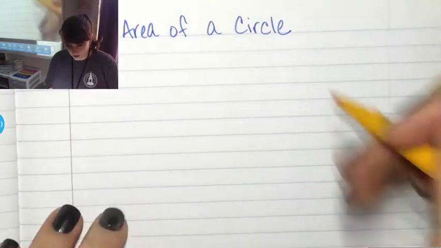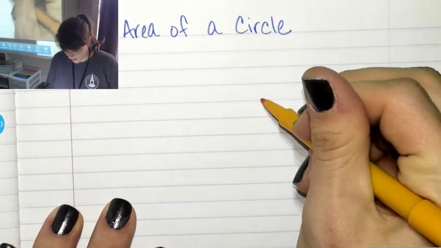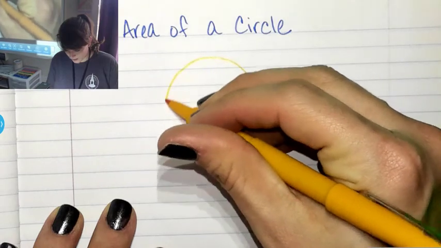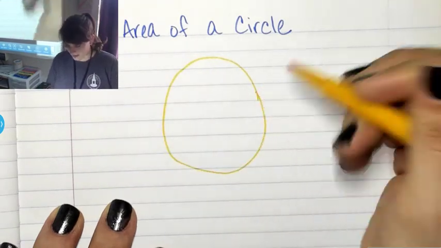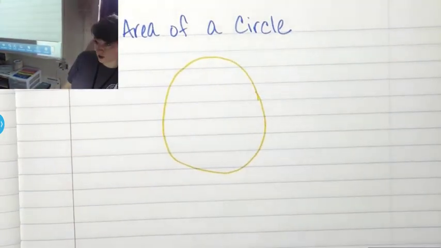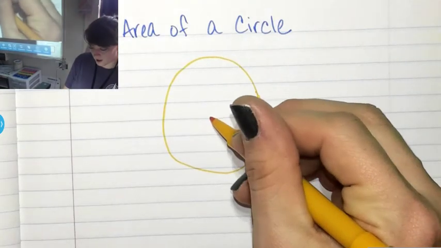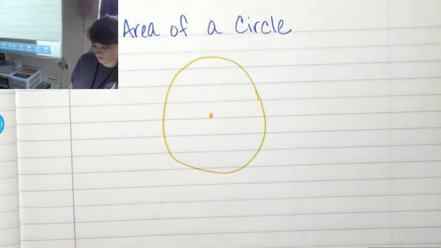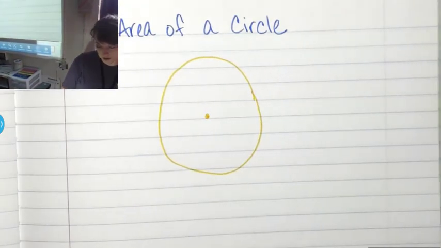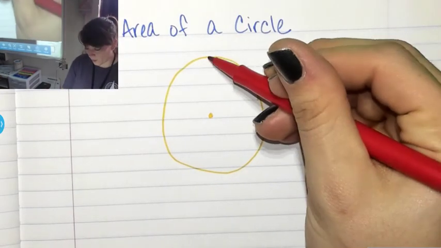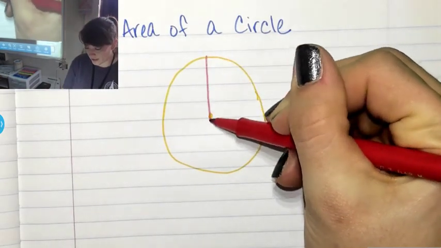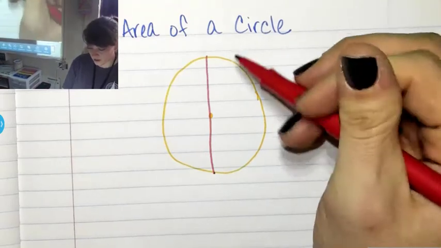If I have a circle, I'm going to make it a little bigger than last class's. But it's not pretty. Circle. The center of the circle. The measure all the way across the circle from one edge through the center to the other edge.